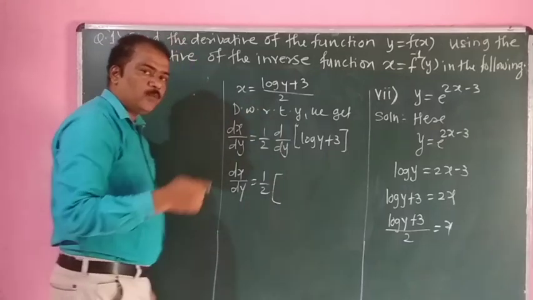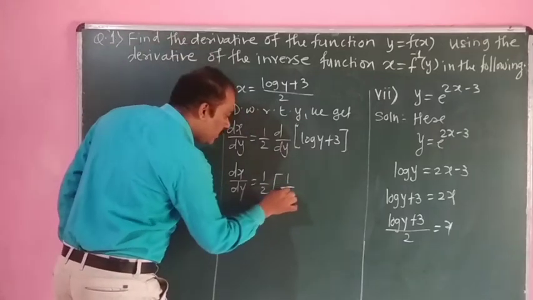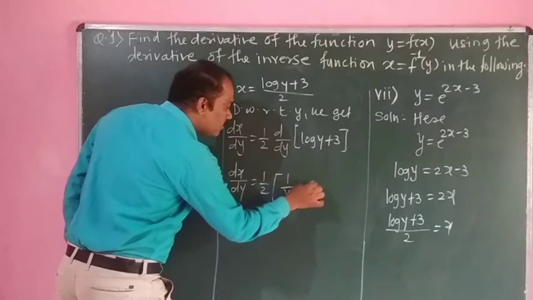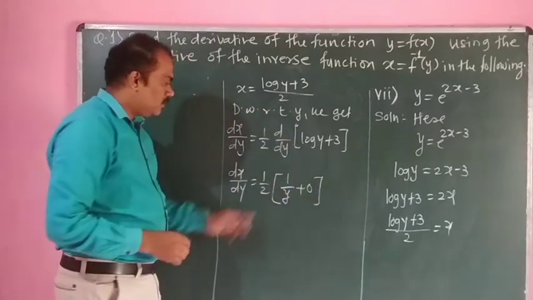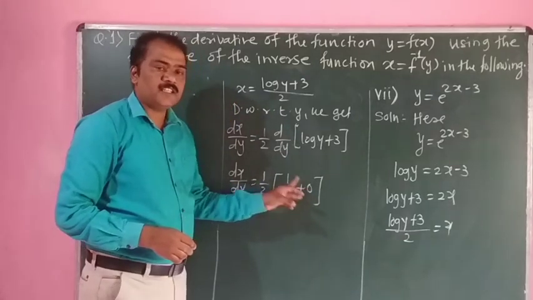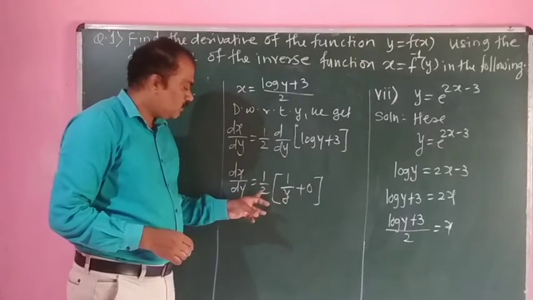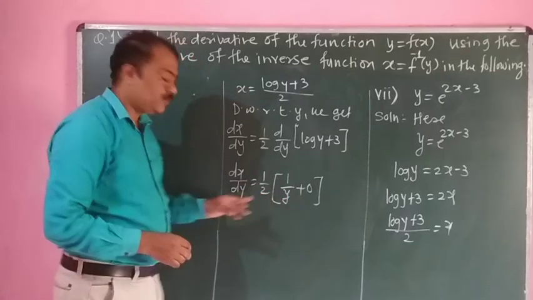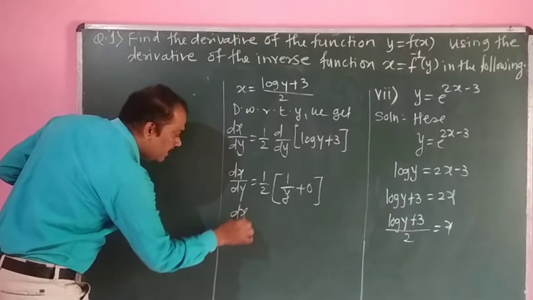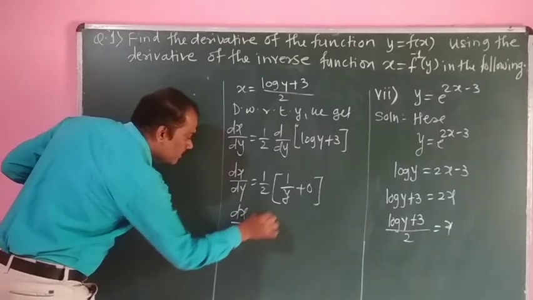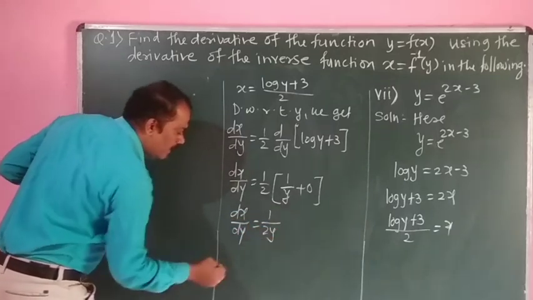The derivative of log y with respect to y is 1 upon y, and 3 is a constant whose derivative is 0. So 1 upon y plus 0, that is 1 upon y, into 1 upon 2, we get 1 upon 2y. That is dx by dy is equal to 1 upon 2y.